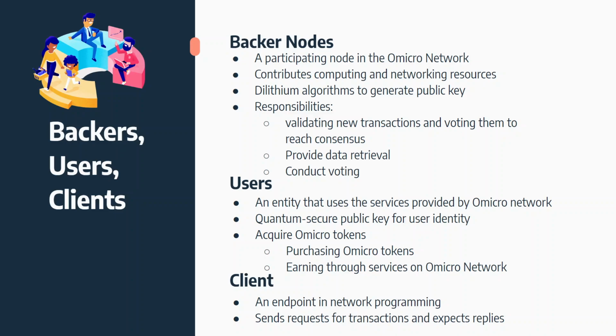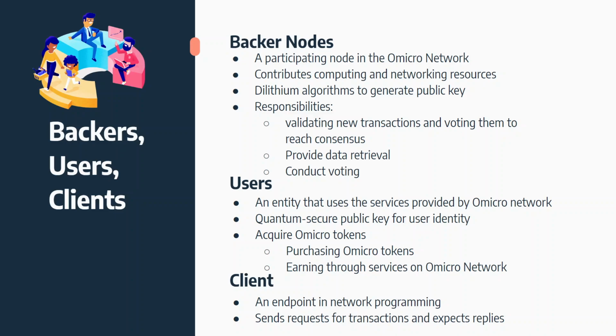More about the Dilithium algorithm: it is one of the round two candidates of the NIST post-quantum cryptographic standardization effort. The main advantages of this algorithm include high performance and a smaller public key size.